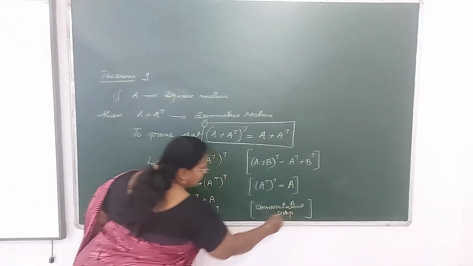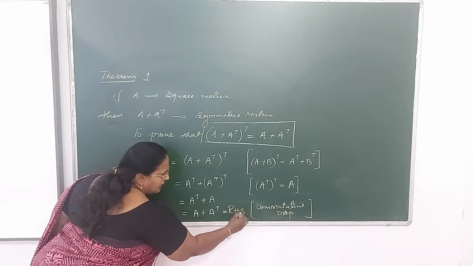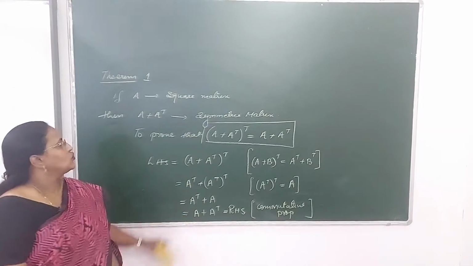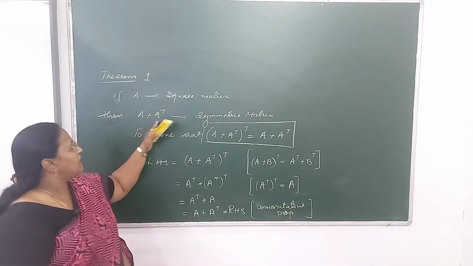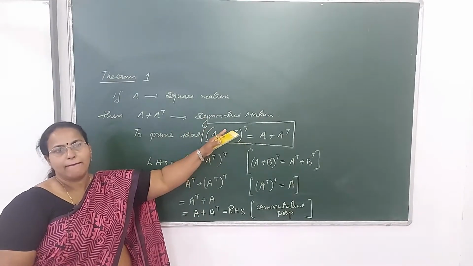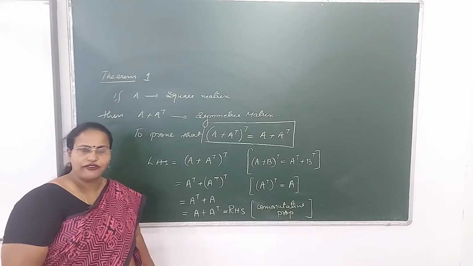So what is this? This will give the right hand side. So this is proved. So if A is a square matrix of any order, then A plus A transpose will be always a symmetric matrix. So dear children, I hope this is clear to everyone.